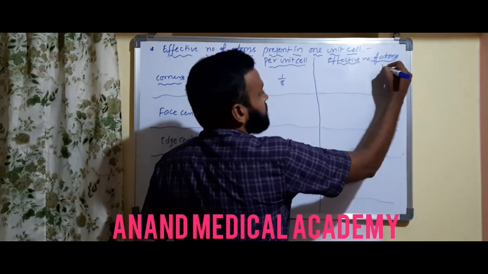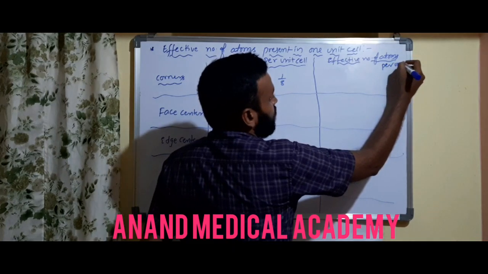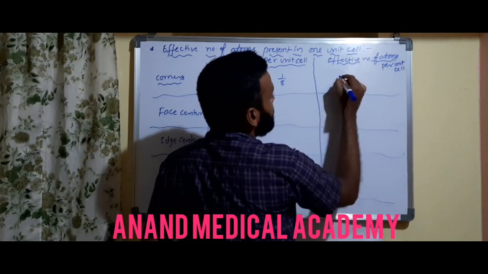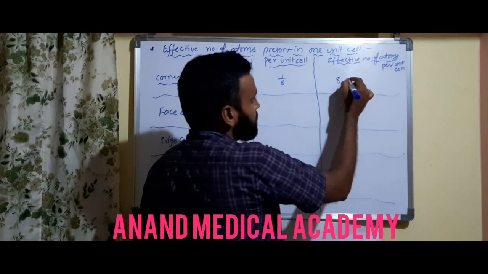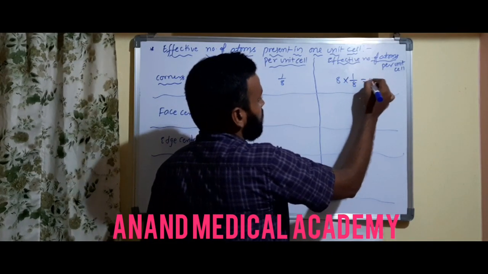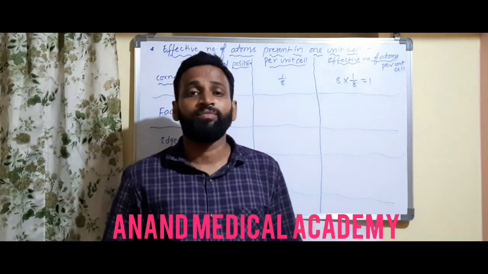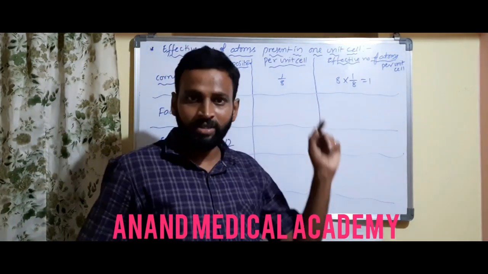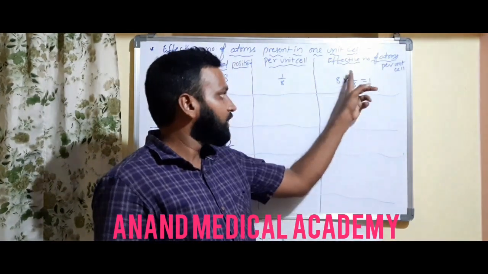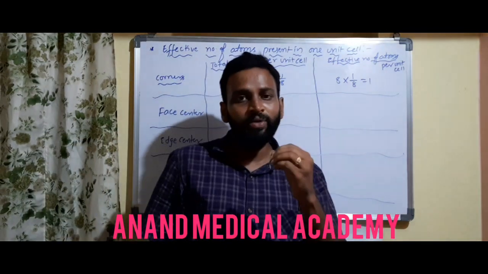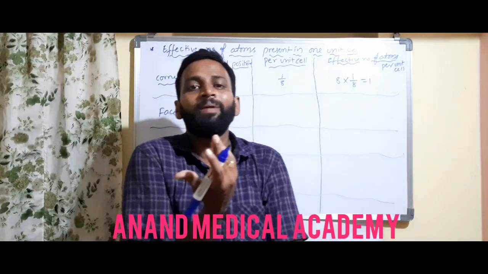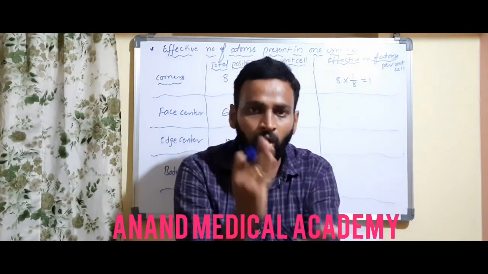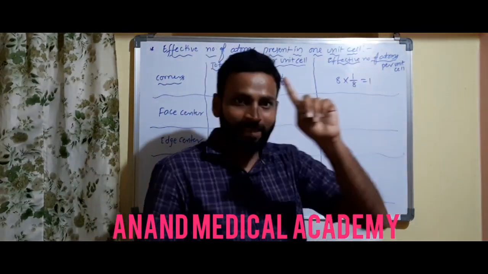Total 8 unit cells, so 8 into 1 by 8. Only one atom you will have. Per unit cell, corners contribution how much? Only 1, because there are 8 corners. So 8 into 1 by 8. So per unit cell, effectively exactly 1 atom is present at corners.